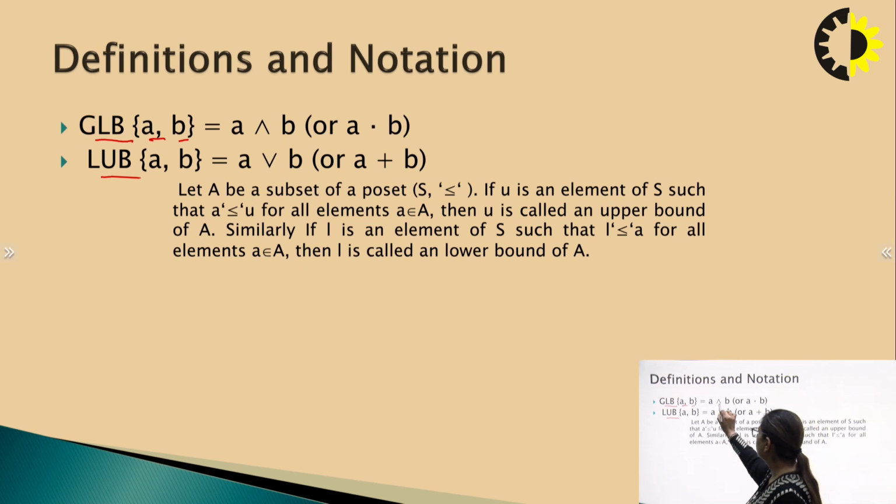Greatest lower bound is given by this AND symbol and the least upper bound is shown by the OR symbol.